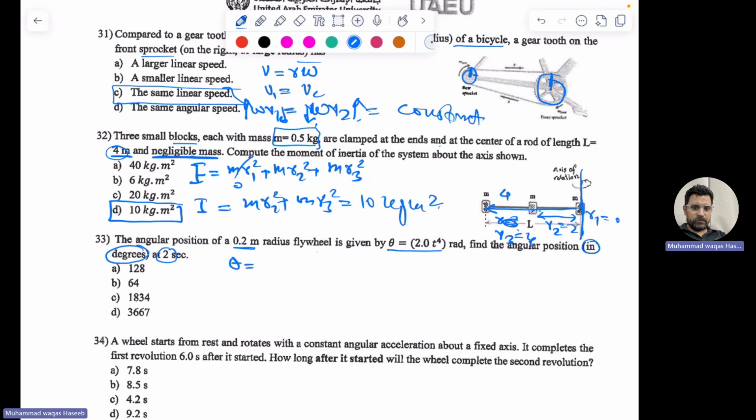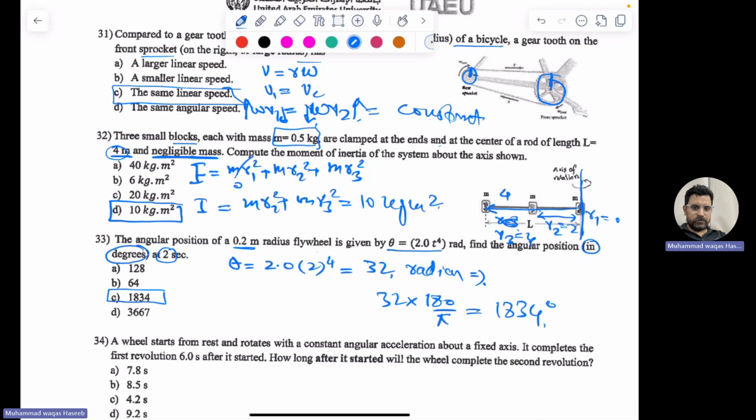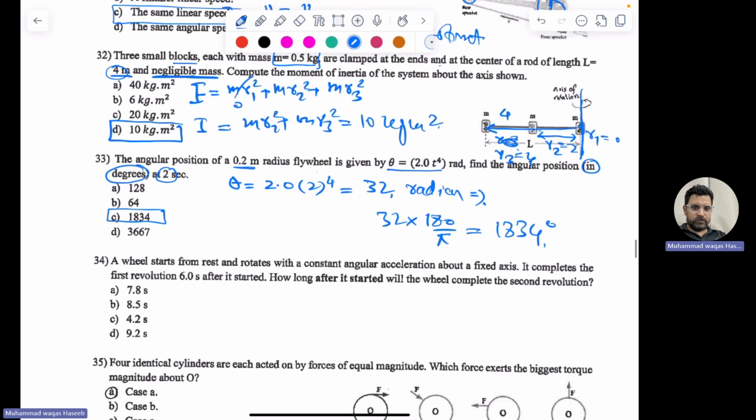So you substitute 2 seconds over here, you will get 32. This is in radians. So how to convert this radian into degrees? 32 multiplied by 180 by pi. So you will get 1834 degrees. Great.